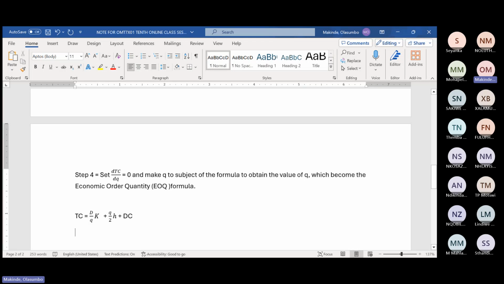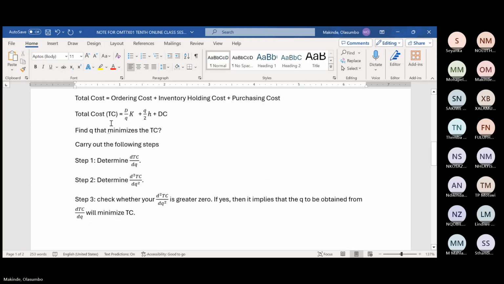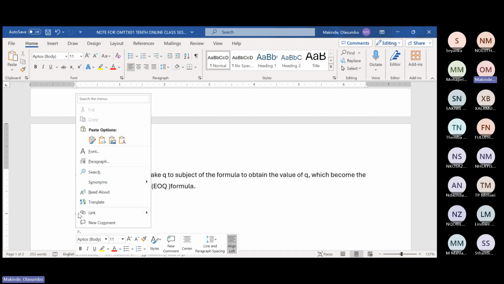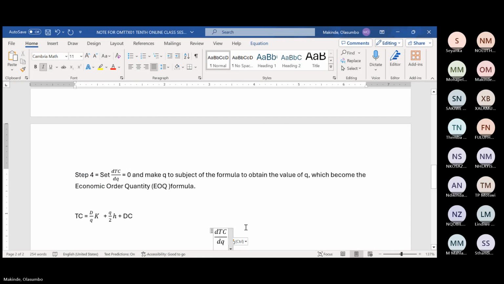So when you differentiate, don't forget, we want to differentiate TC. We want to find this. If you look at what we are saying there, it means that we are differentiating TC with respect to Q. So if you do that, what you first need to do is to make sure that you represent it properly.